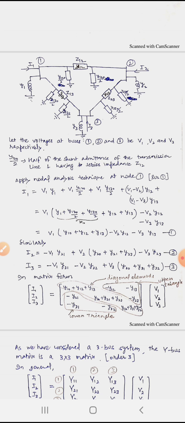So this is (V1 minus V2) Y12, the current through this element, and (V1 minus V3) Y13 is the current through this element. So if we solve this further, we are getting equation number 1: V1 (Y10 plus Y12 plus Y13) minus V2 Y12 minus V3 Y13. So we are getting equation 1 here.